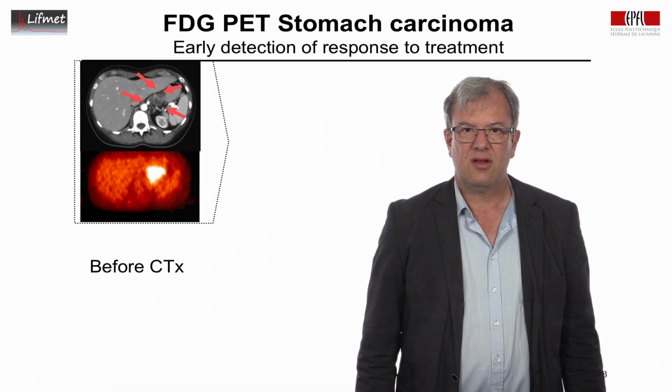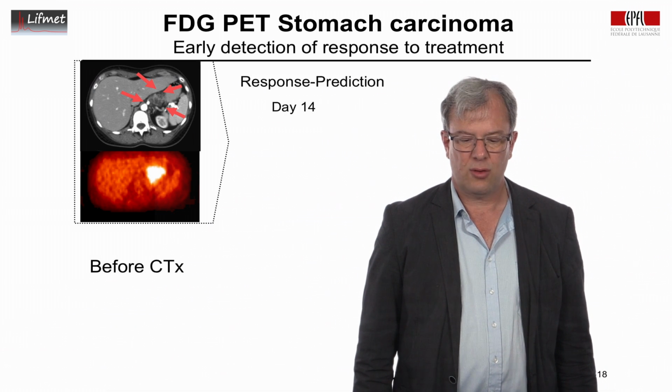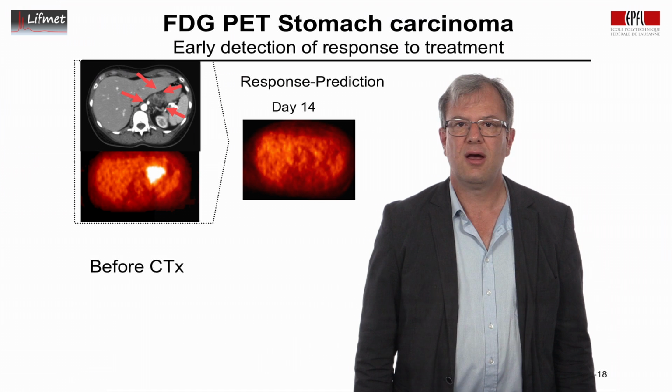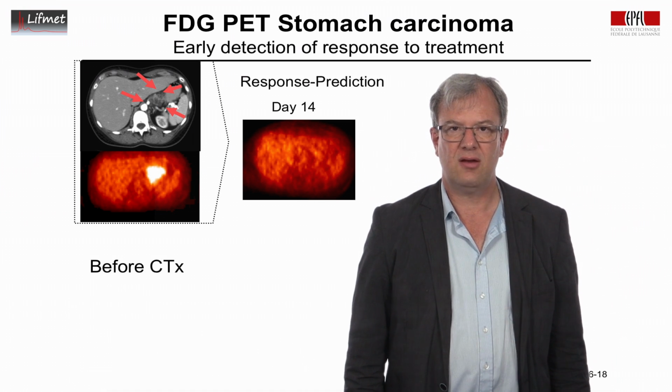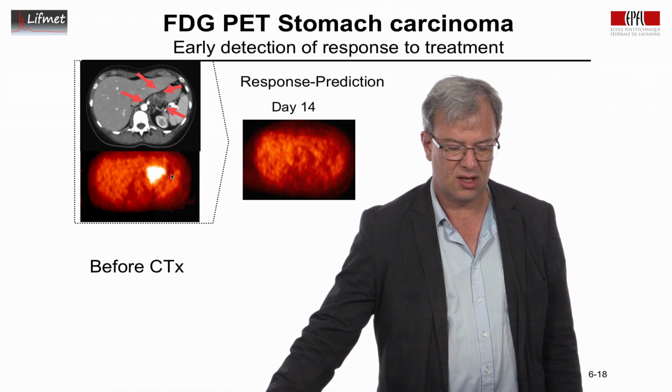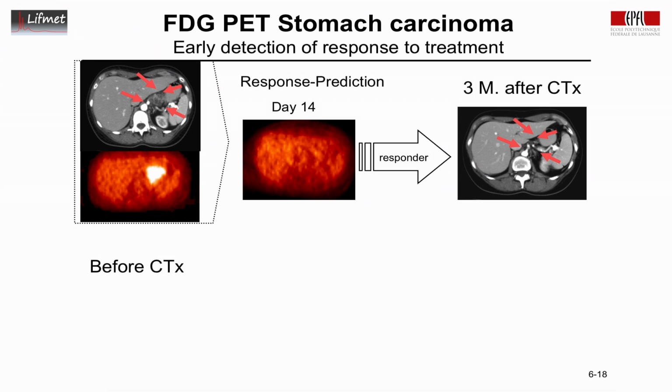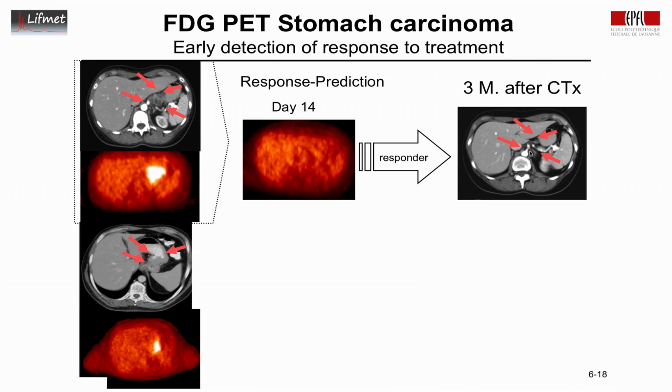The subject is then subjected to chemotherapy, and on day 14 the subject is measured again with PET, and this high uptake region is gone. So in this study one has classified the subject as a responder, and what one finds 3 months after the chemotherapy is that the lesion is gone and the treatment was successful.